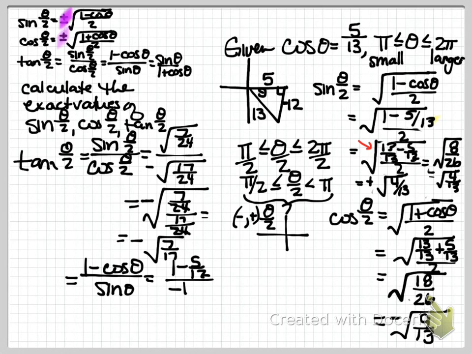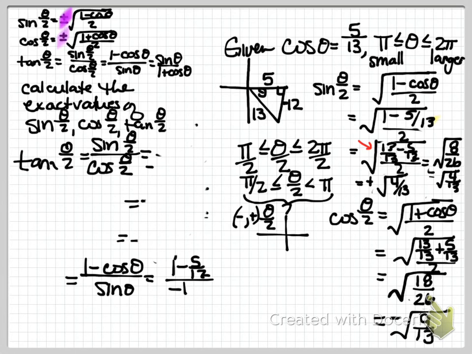Go to our tangent, change our fractions. So I'm going to erase the work that I've got here, and I'm just going to start over. Like I said, I'm sorry about this. The sine of our half angle ended up being the square root of 4 over 13.